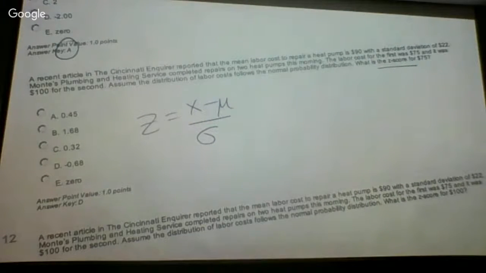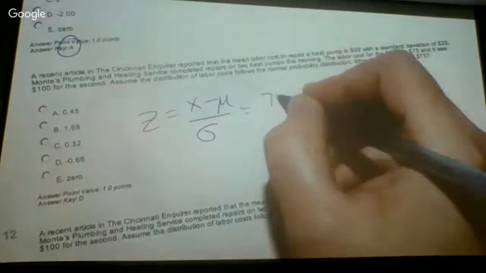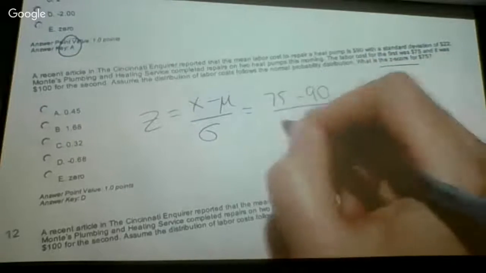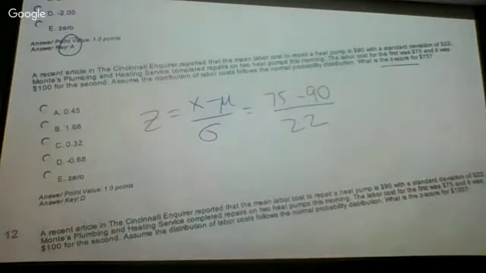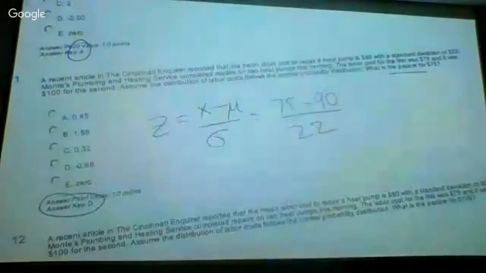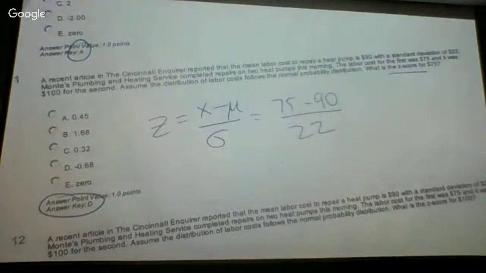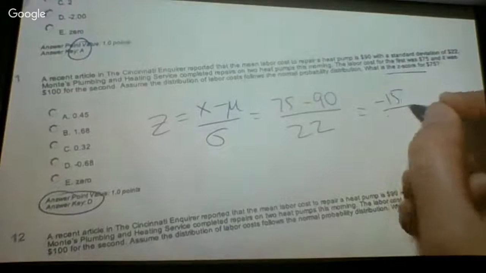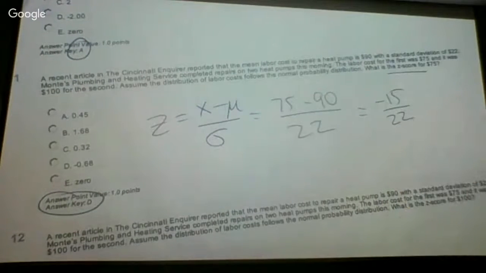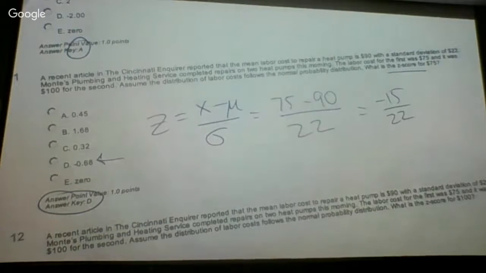So it would be 75 minus 90 over 22. What's that get you? Negative 0.68 or 2. I gotta believe that negative 15 over 22 is something less than 1 and negative. So it's gonna be that one.